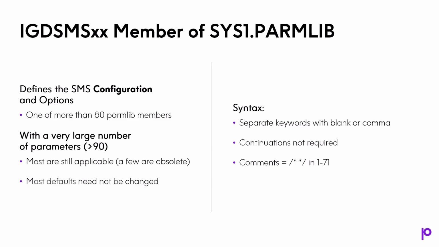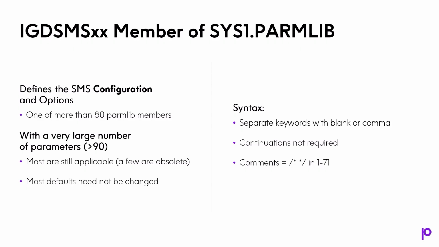It's one of more than 80 PARMLIB members in SYS1.PARMLIB. And so, it's usually the domain of the system programmer to be updating SYS1.PARMLIB and to understand what the SYS1.PARMLIB members do. But for any programmer, it's important to understand, if you're going to be dealing with disk storage at all, or with any sort of storage, what the SMS member does in SYS1.PARMLIB.